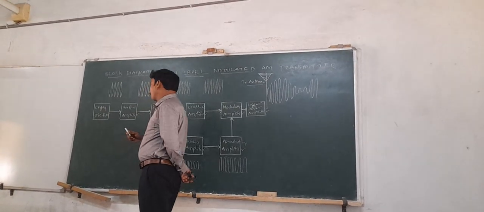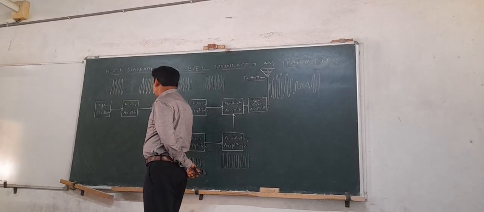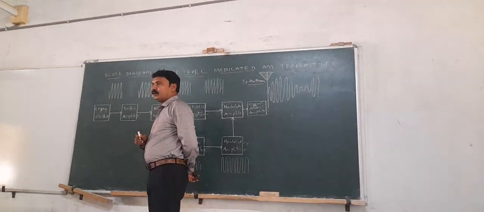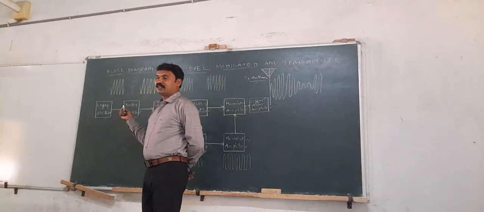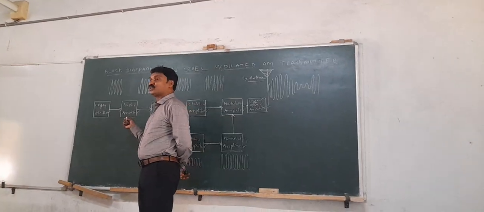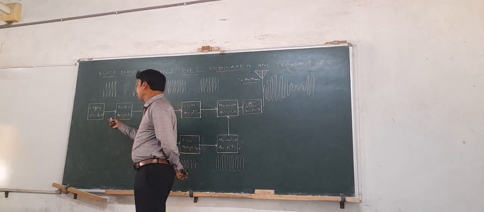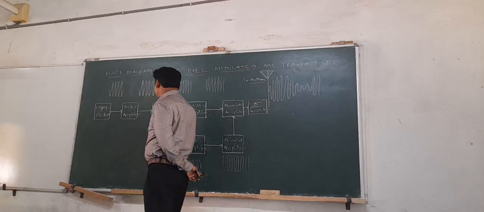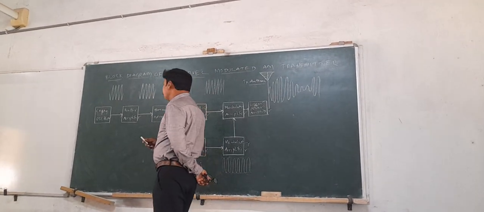As usual, it is placed between the crystal oscillator and the harmonic generator. Why? Because it is used to avoid the loading effect. Not only that, it is also used to produce impedance matching between the crystal oscillator and the harmonic generator.